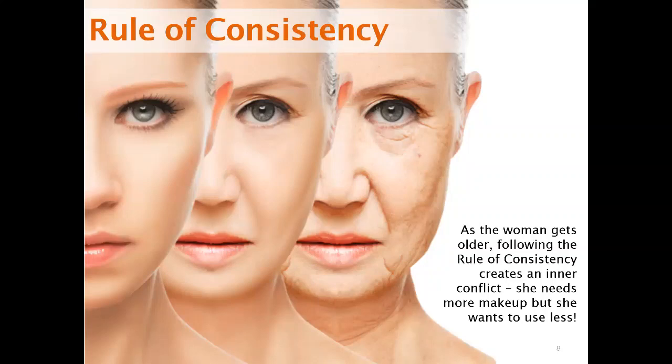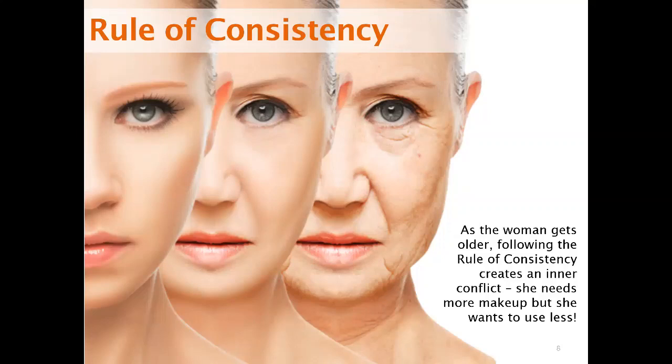On one hand, your rule of consistency heuristic pulls you in one direction. On the other hand, your knowledge and your rational needs, if you will, about using less chemicals and being more natural and organic pulls you in the other direction. And that's actually one of the reasons why large companies like Bare Minerals, or the entire segment of mineral cosmetics, even exists, right?